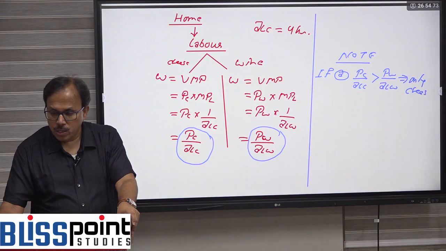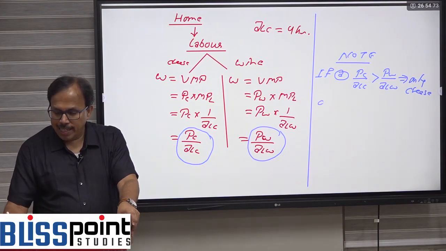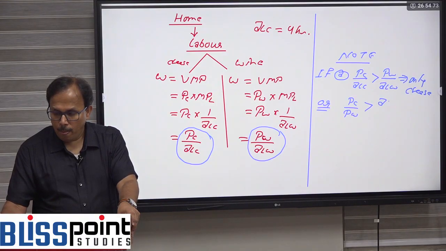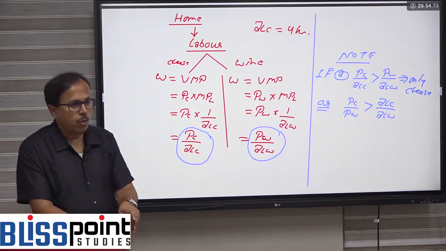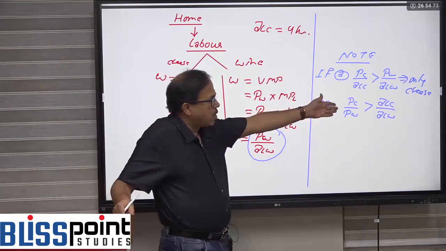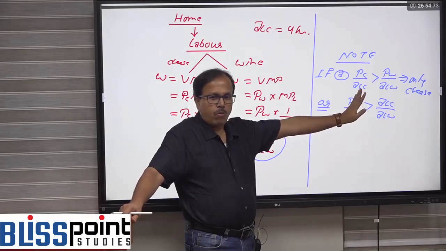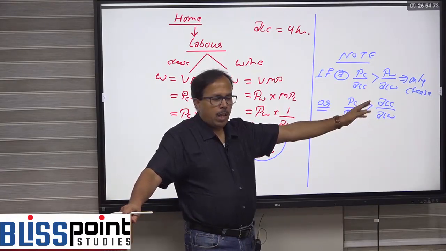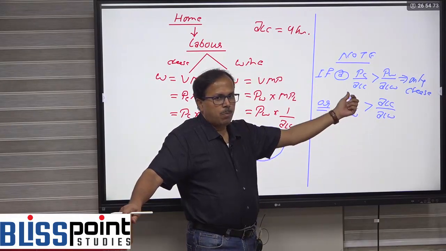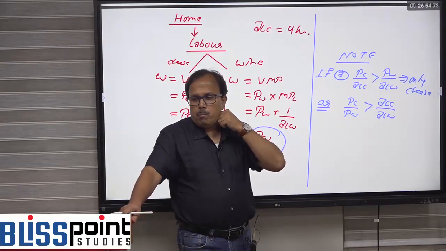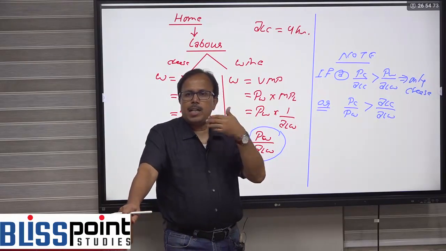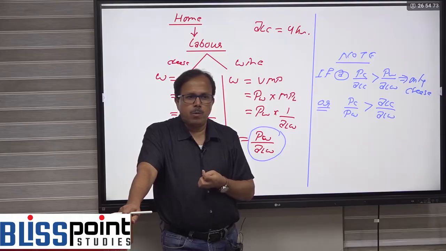In this condition, economy will produce only cheese. Can this statement alternatively be written as PC upon PW greater than ALC upon ALW? Can you write it in this form? The same thing can be written in this way. The conclusion will remain the same. Now what is the interpretation of this equation? What is PC by PW? PC by PW will be called the relative price of cheese. And what is ALC by ALW?